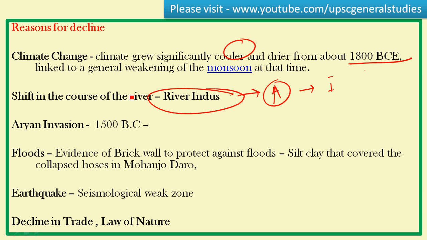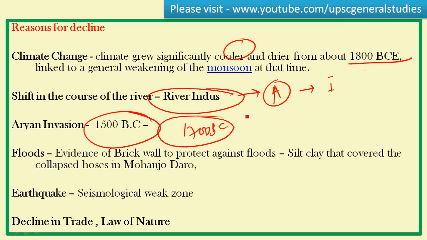The third reason is the theory of Aryan invasion. This theory was put forth by the colonial historians during the British rule. Aryans advented into India from Central Asia in 1500 BC, and the Harappan civilization started declining during 1700 BC.